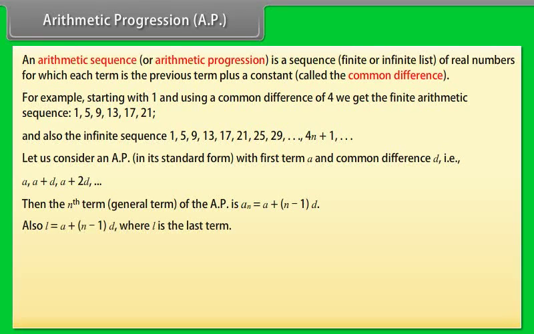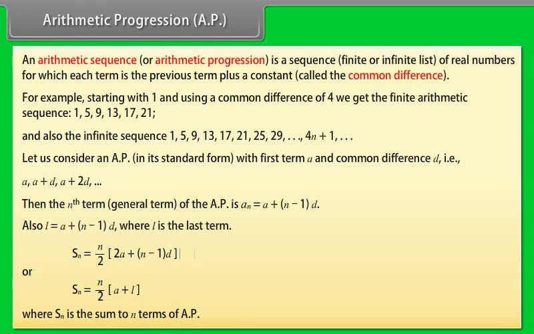Also, l = a + (n − 1)d, where l is the last term. Also, Sn = n/2 × [2a + (n − 1)d], or Sn = n/2 × (a + l), where Sn is the sum to n terms of the AP.